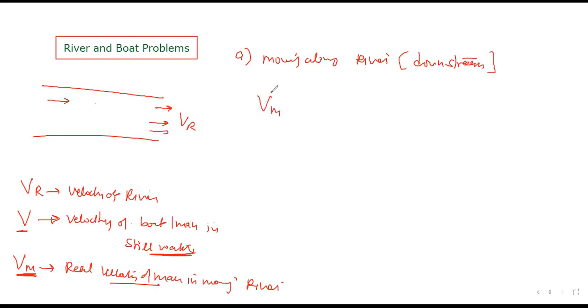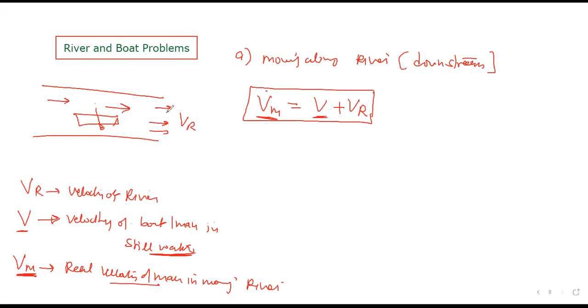The velocity of the man will be equal to the velocity in still water plus the velocity of the river. The real speed of the man will be increased, correct? Because the river will help him move faster.